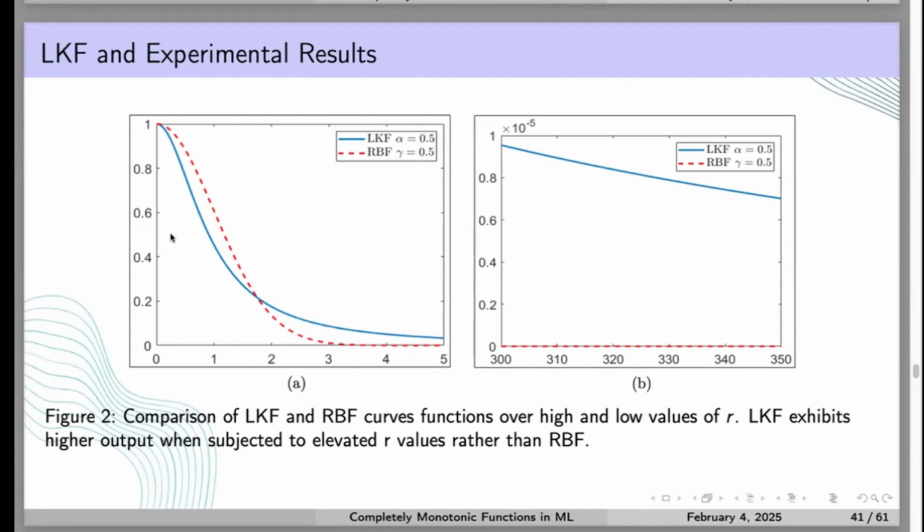But we see that it works well. And at infinity, RBF becomes 0 very early, but LKF stays for a while. This means I will not have zeros in this part for LKF. But for RBF, they will be 0, and the similarity is preserved only for points which are close to each other.